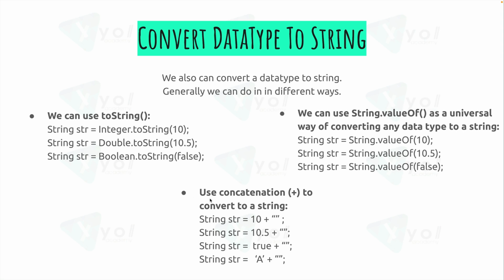The last option is concatenation. All we need to do is take a value, for example an integer, and add it to an empty string. As you know, the plus operator will work as a concatenation if one of the operands is a string. So this artificially creates a conversion that we can use as well.